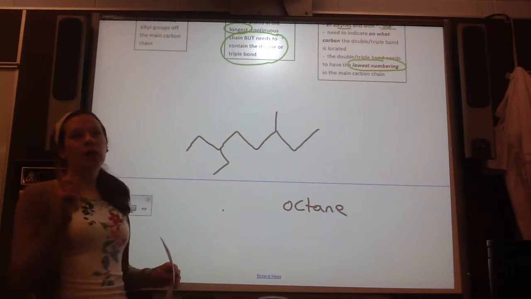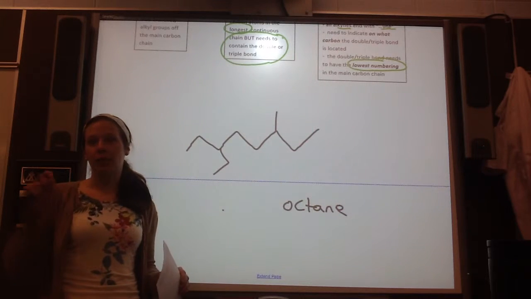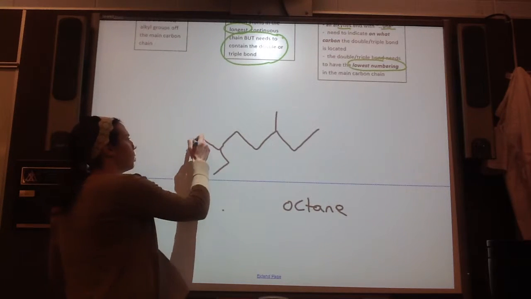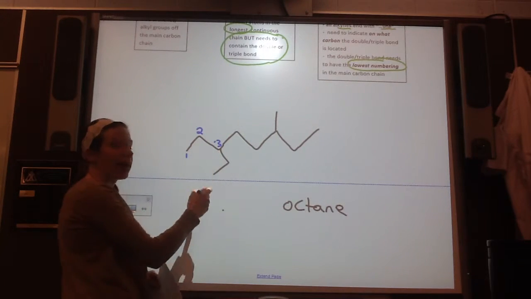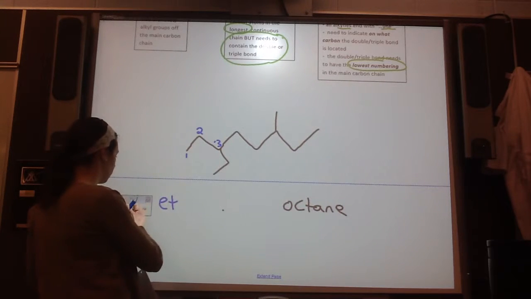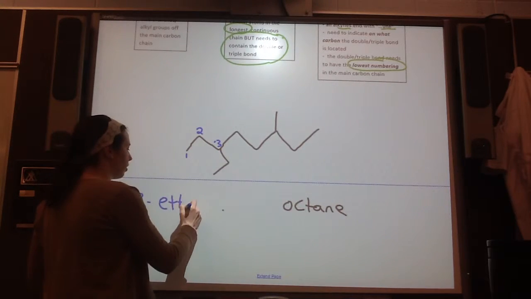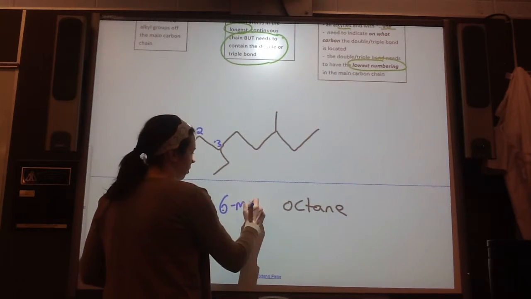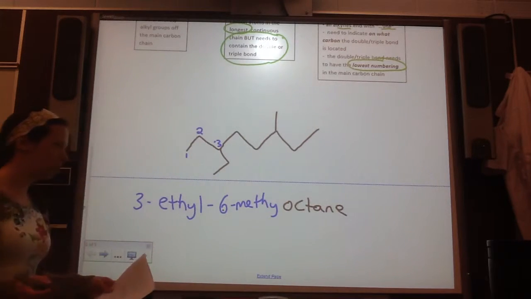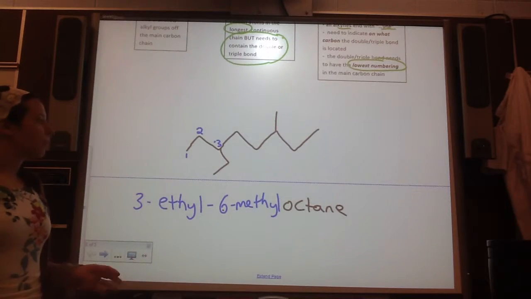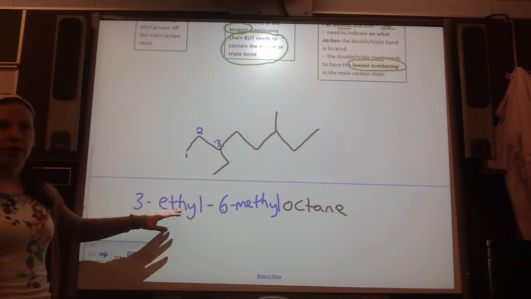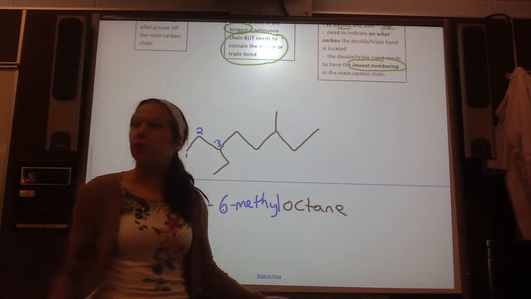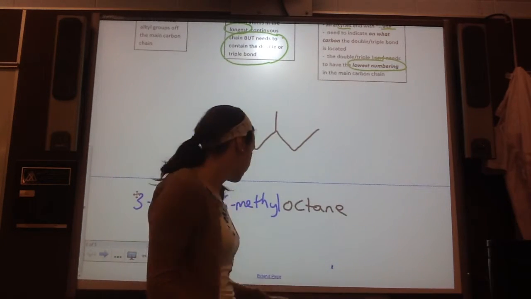The one you write first alphabetically gets the smaller number. So it would be 3-ethyl-6-methyloctane. Since the ethyl is written first, the smallest number goes to that one. That's the rule for the question we had yesterday.